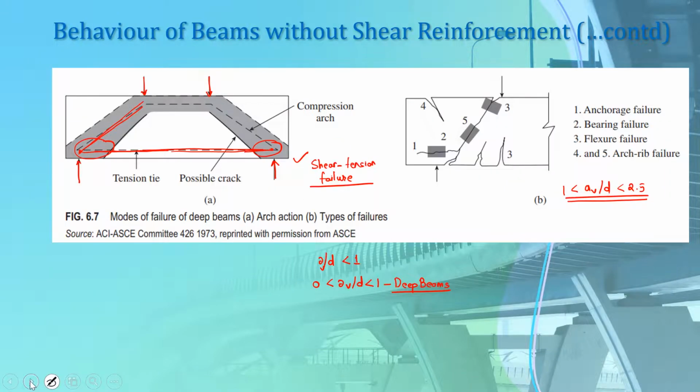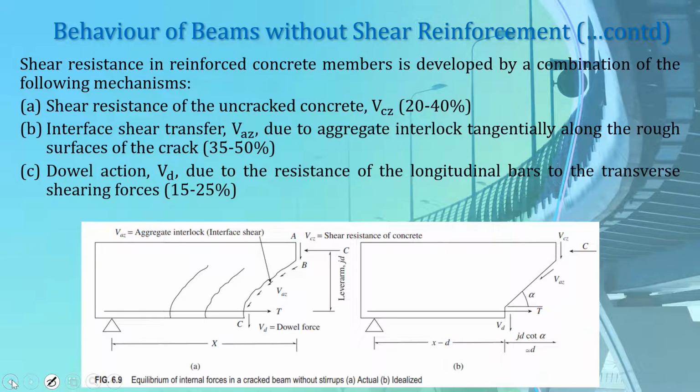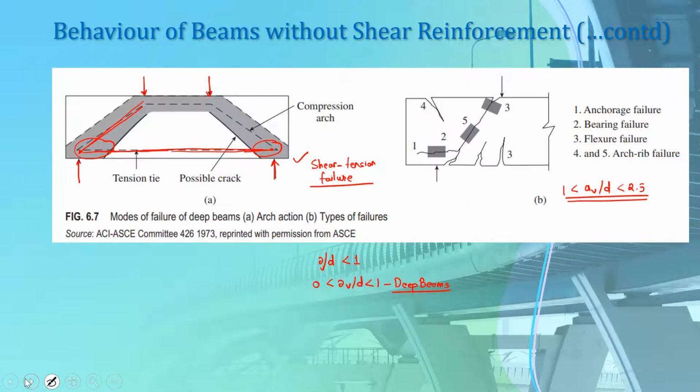So let me see if that diagram is here. Okay, it's not here. So let me represent what I just said with a diagram. If this is your beam and you see that here we have an uncracked portion, and a certain inclined crack appears in the previously uncracked portion of your beam, this is known as a web shear crack.